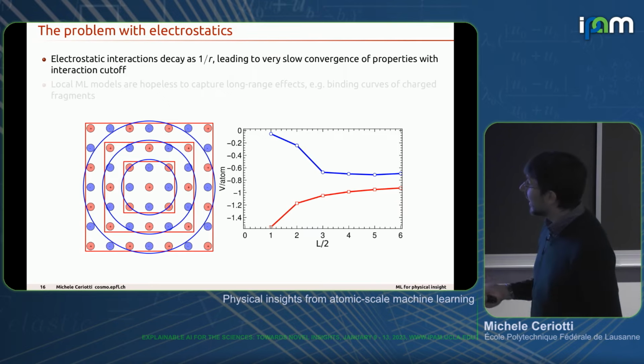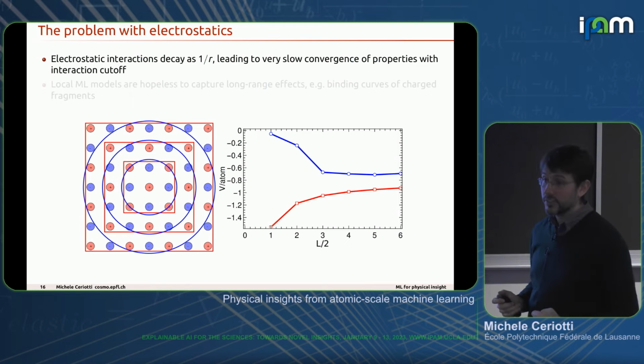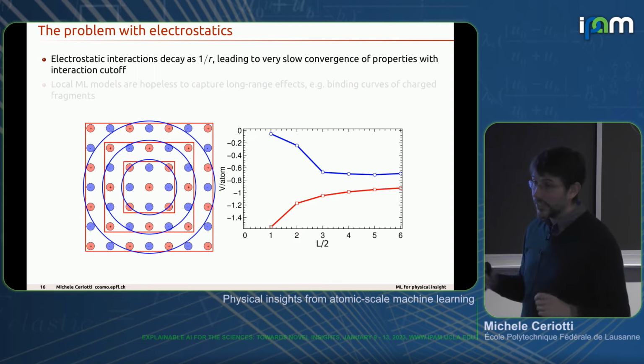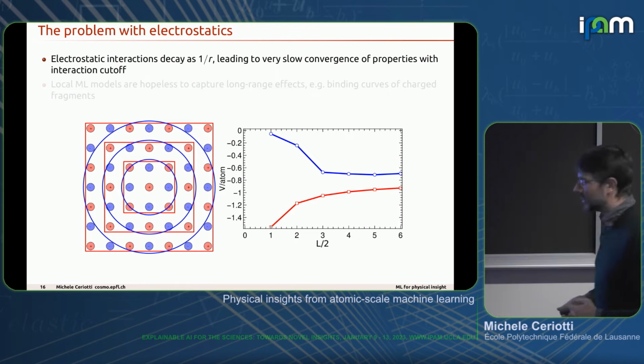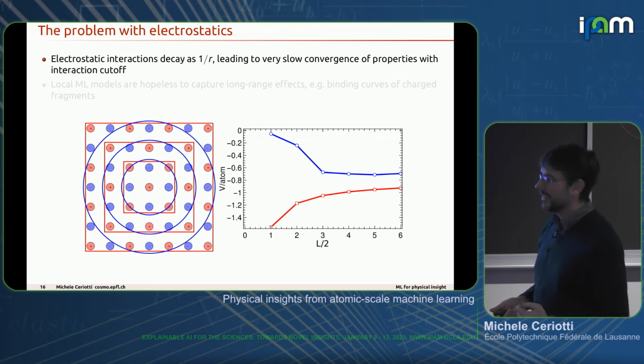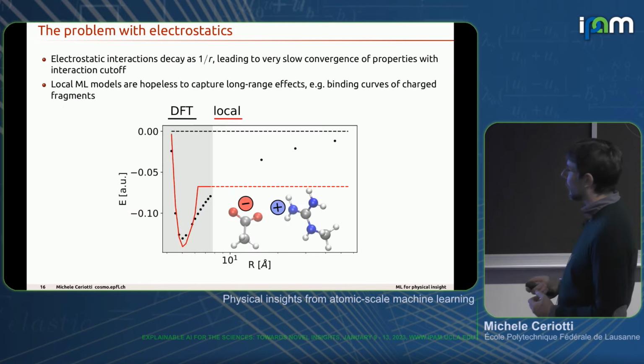If you take an ionic crystal and you try to compute the energy of this ionic crystal, you get a different result depending on whether you sum over spheres or over cubes of increasing size. And the fact that this basically never converges to the same value is an indication that you're not going to be able to solve this problem by just making the cutoff larger.